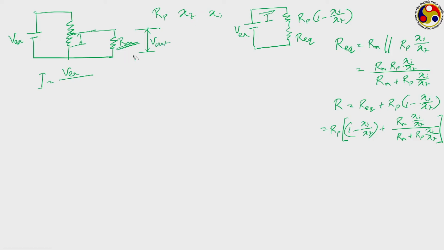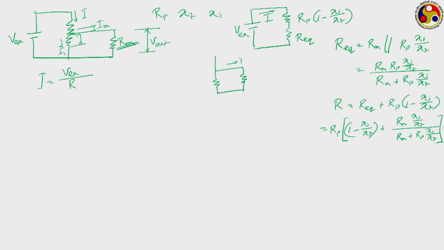So, Vex divided by the total resistance of the circuit is your current. Let us say this current I, which is coming here, that gets divided into two components. One is this Im going to the voltage measuring meter, and other is say I1. If we draw that particular portion of the circuit, the current gets divided into these two components.